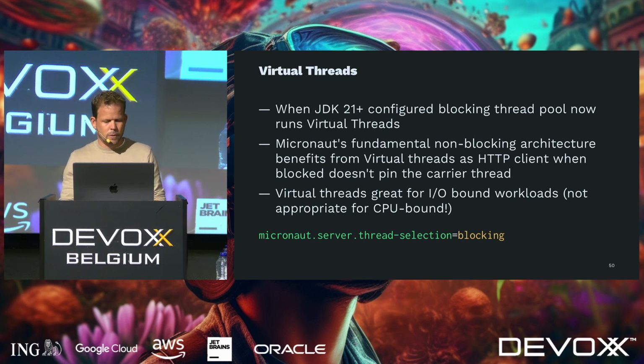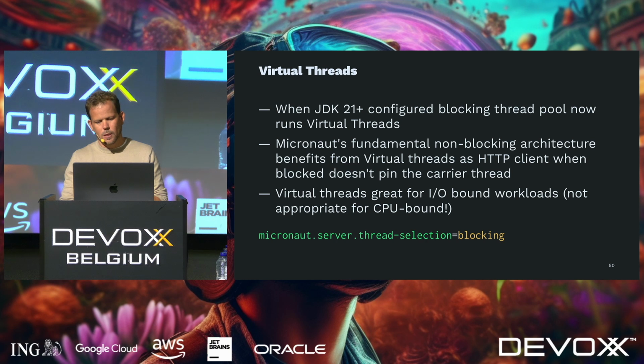So, virtual threads. Virtual threads have landed officially in JDK 21. For those of you not familiar with virtual threads, they're designed to allow you to scale out blocking I/O in a better fashion. So what does that mean?